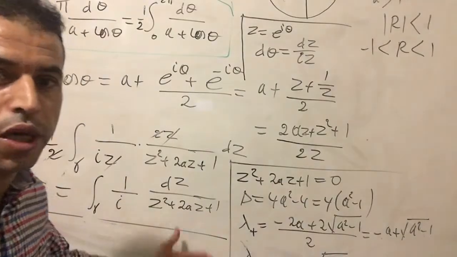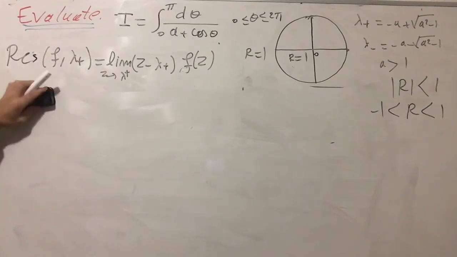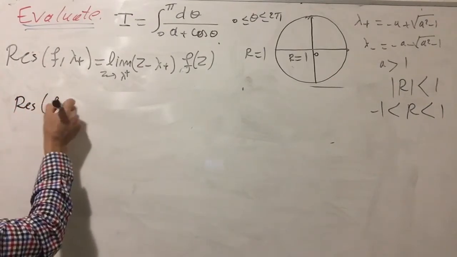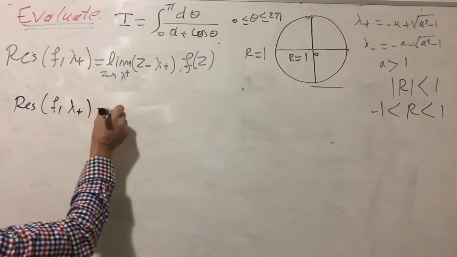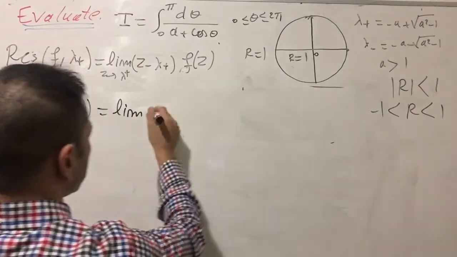I'm going to clean up the board and bring this one to the top and continue with our problem. What I'm going to do now is calculate the residue of this function for the pole lambda plus, equal to the limit.